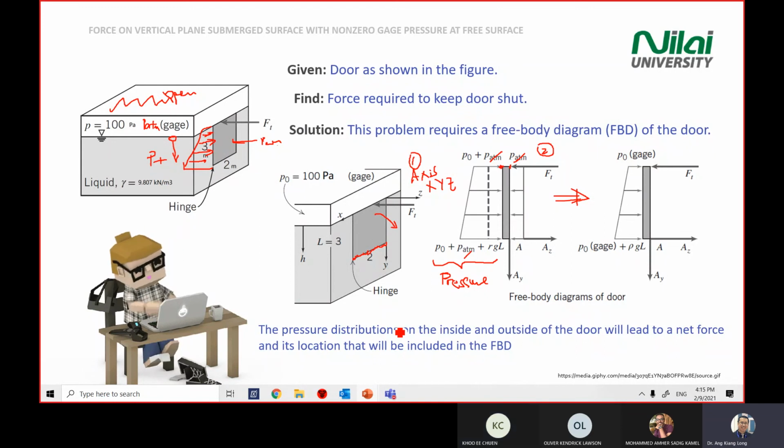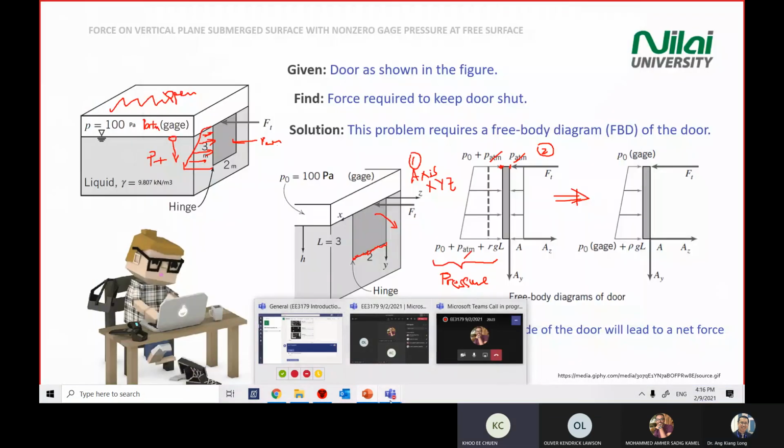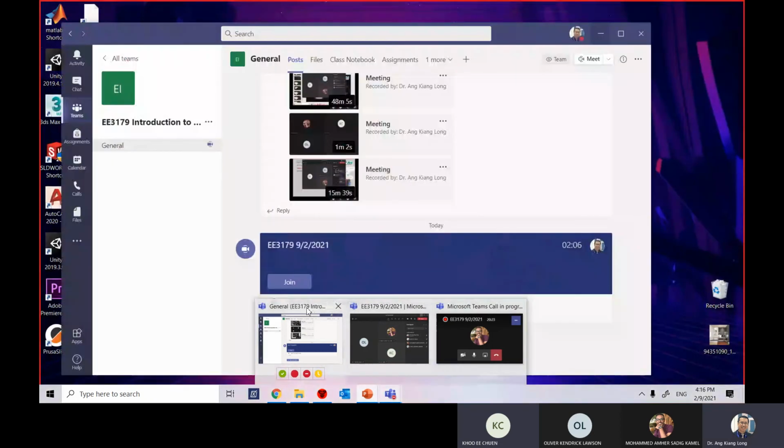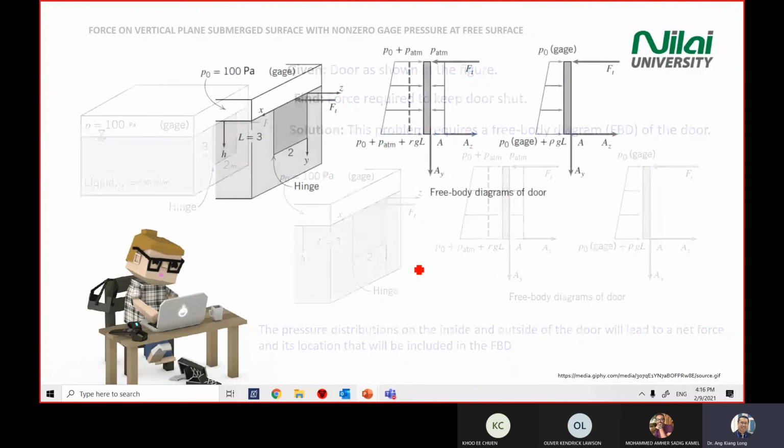There are lots of pressure. Atmospheric. Oh, so when you joined, I was already on the third diagram, this one. Okay, so next time be punctual. Everything was recorded and it's a video recording, so your attendance will be seen by everyone. Just now I had an internet problem. Okay, right. So let's move on.